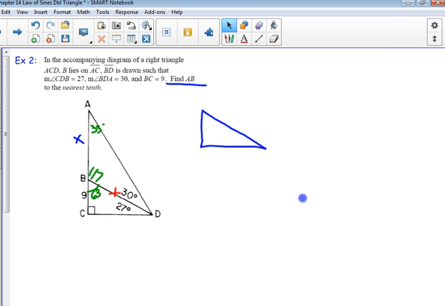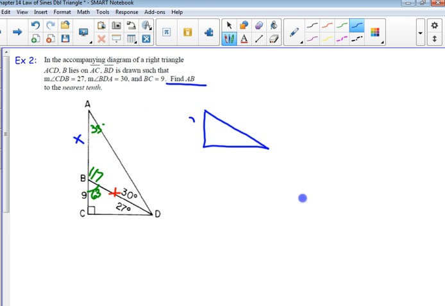We're going to take out that piece. It's going to be your 9. This is your 27, 30. All right, that's what we've got to find. Why don't you guys set up your law of sines? Okay, we need to figure out what x is.